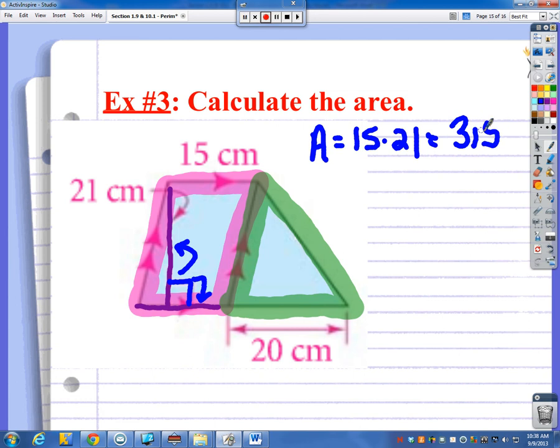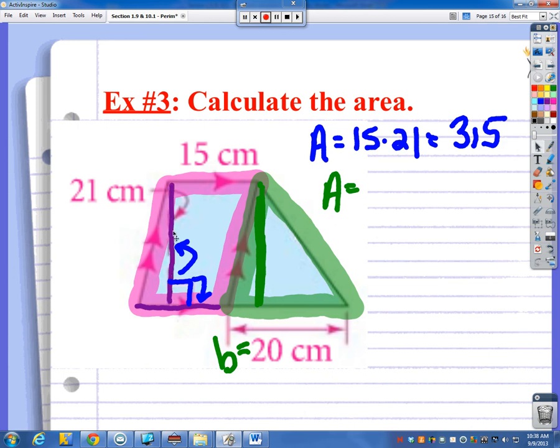And I'm in the same unit, centimeters and centimeters, so we're good there. No conversions. Then when we get to the triangle, we're going to have to take one half base times height. Well, I can see the base down here, I could call 20, but the height, I don't know what that is. They didn't give it to me, but they kind of did.